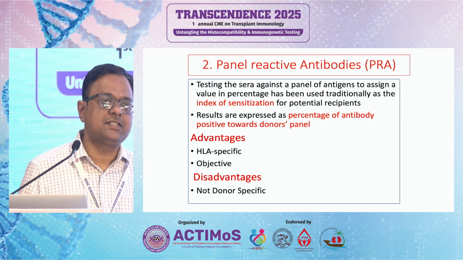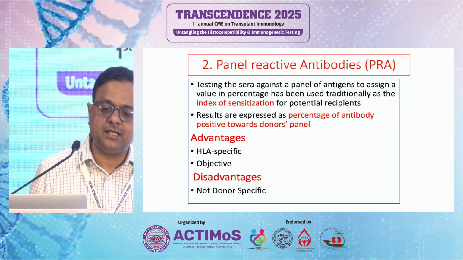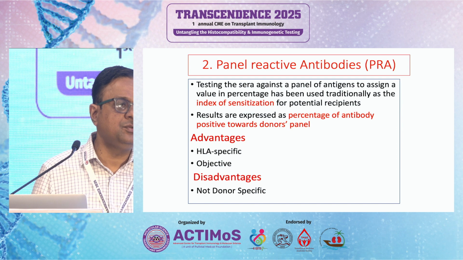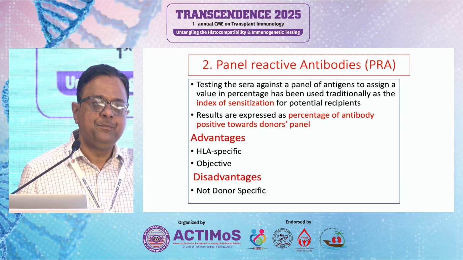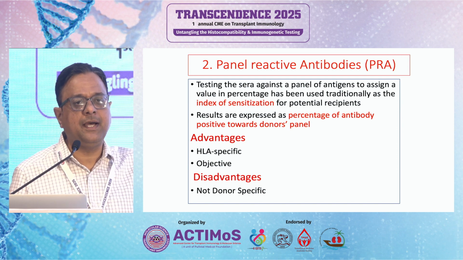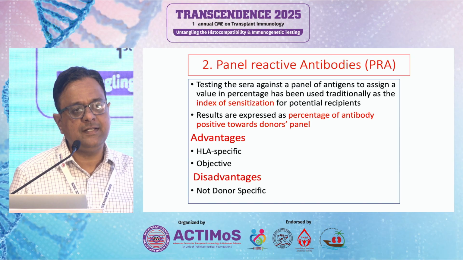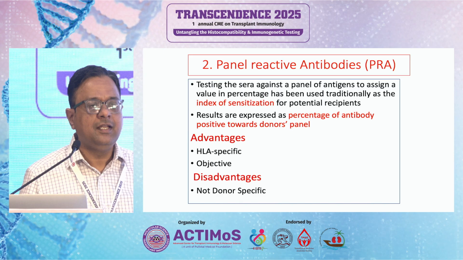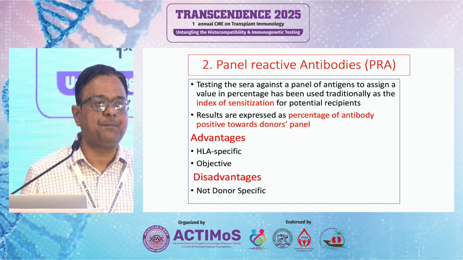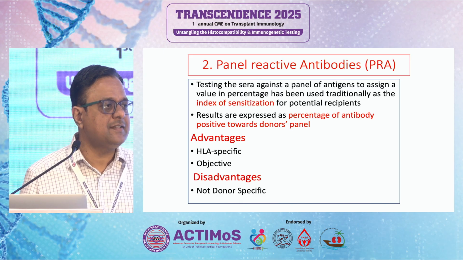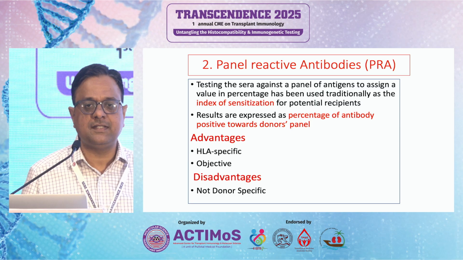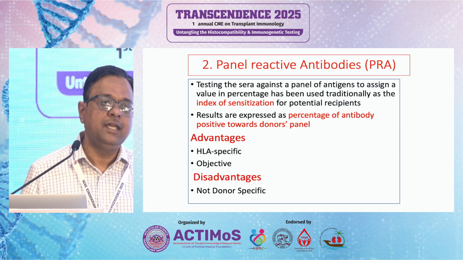The second test is called PRA, or the percent PRA score. Again we have a panel of beads provided by the commercial kits, and when we run these beads on the panel, we come to know the percentage of immunization, the score or extent of immunization in the patient.